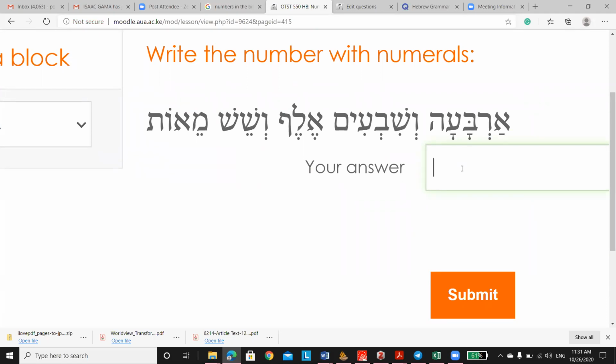Yes, please. When you put 1,000, do you put a comma with the number? Actually, I provided both variants for you. You can put a comma or without a comma. Just do not make a space. Let's try to do this one without a comma. It should work.